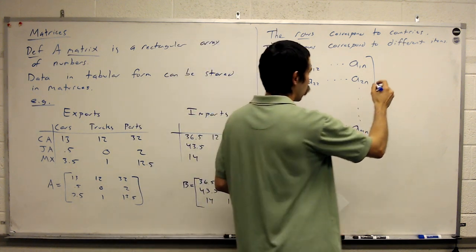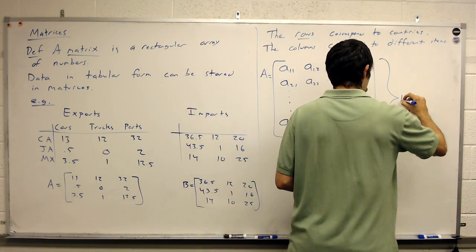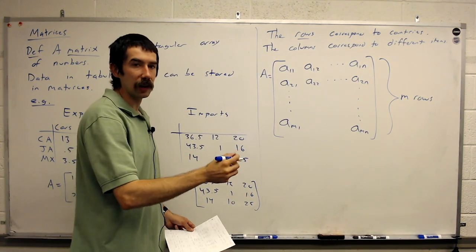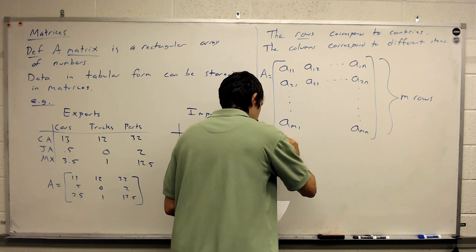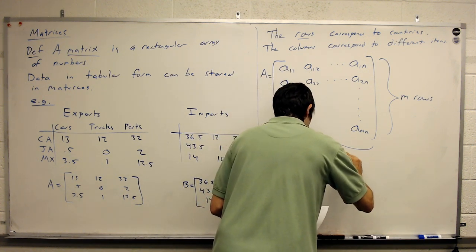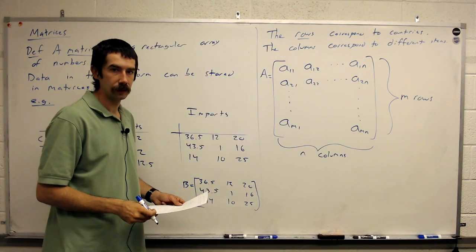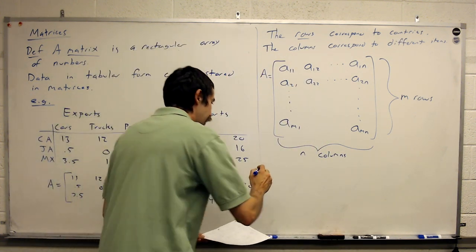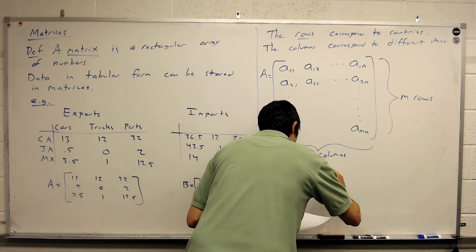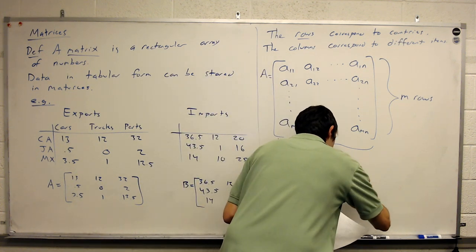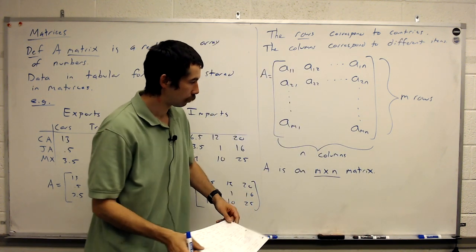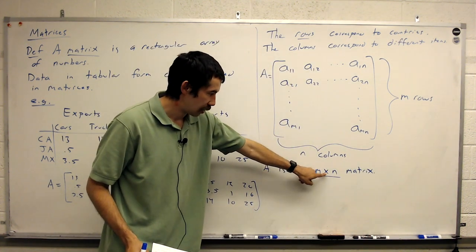All right, so the number of rows is M, and the number of columns is N. We say that A is an M by N matrix. Number of rows, X, number of columns.